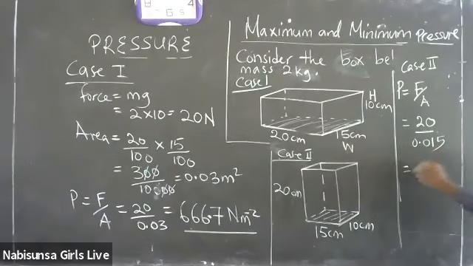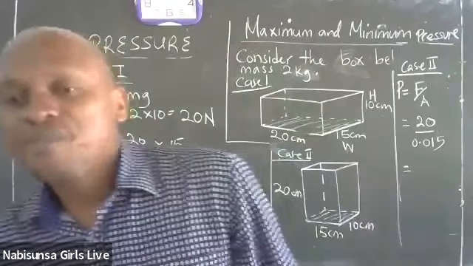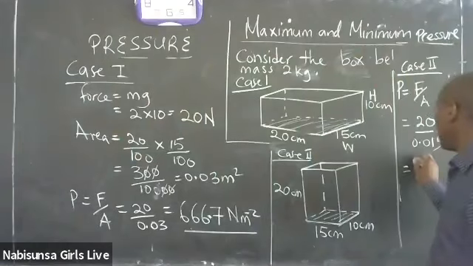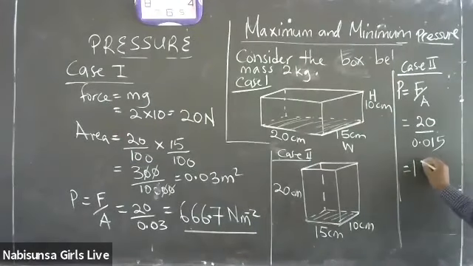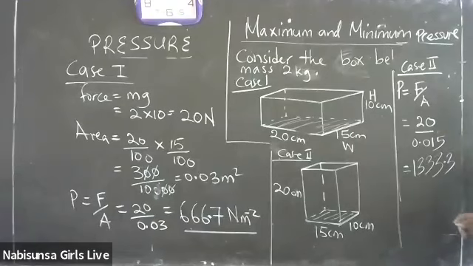What answer do you get? This is case 2, remember. When you divide, what answer? 1,333.333. Okay.